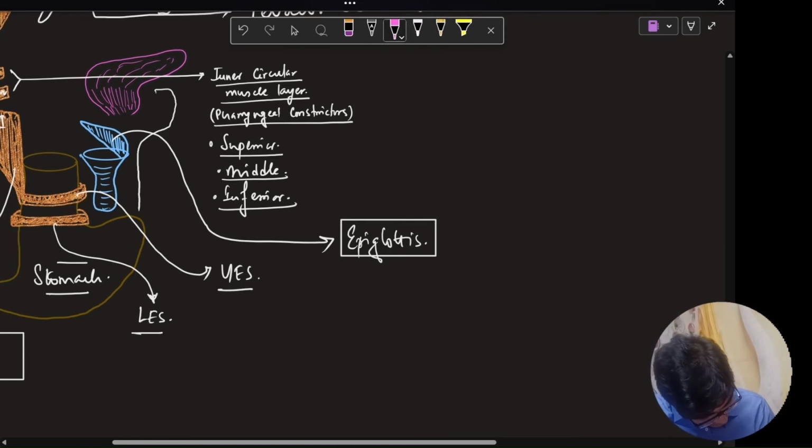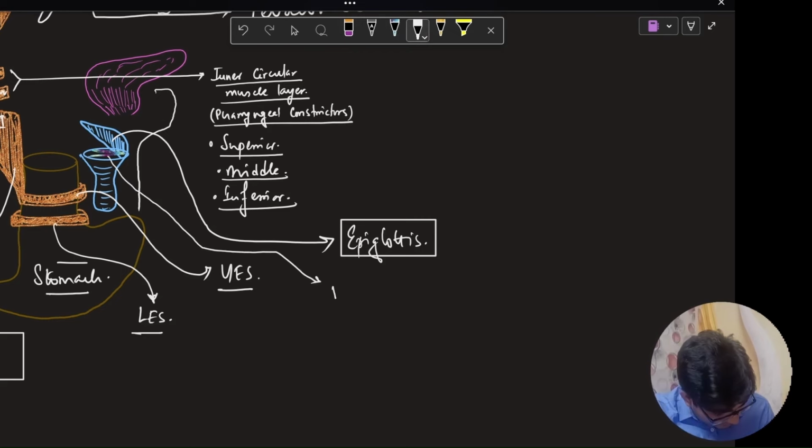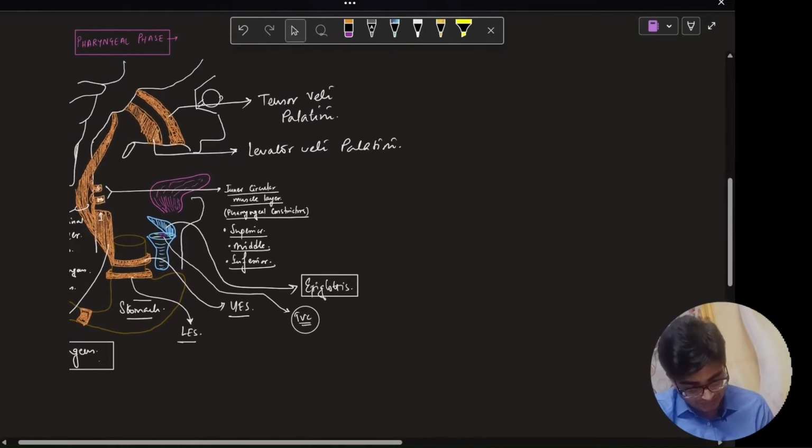Let me demonstrate it with another color so that you can see. So these are the vocal cords. That is the vocal cord, correct?